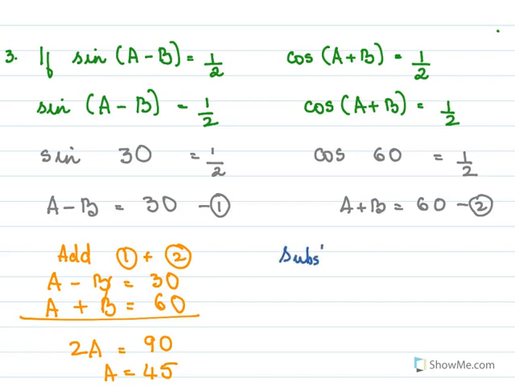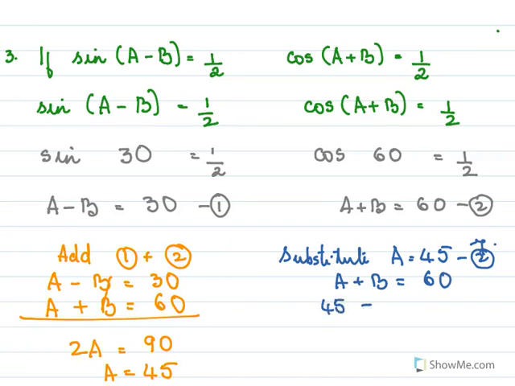So substitute a equal to 45 in equation 2. So a plus b equal to 60, 45 plus b equals 60, b equals 60 minus 45, so b will be 15.